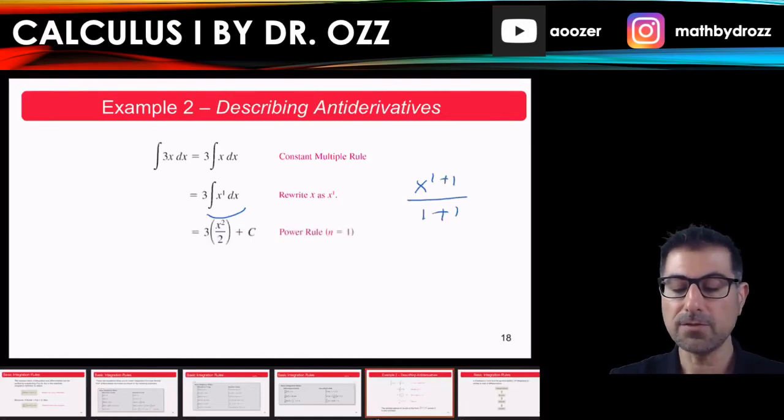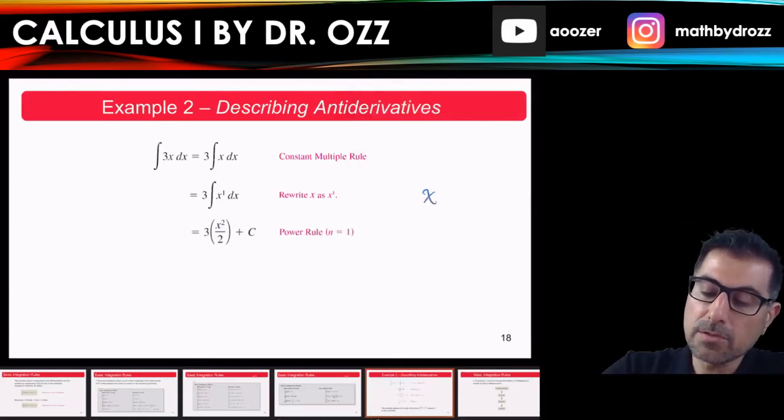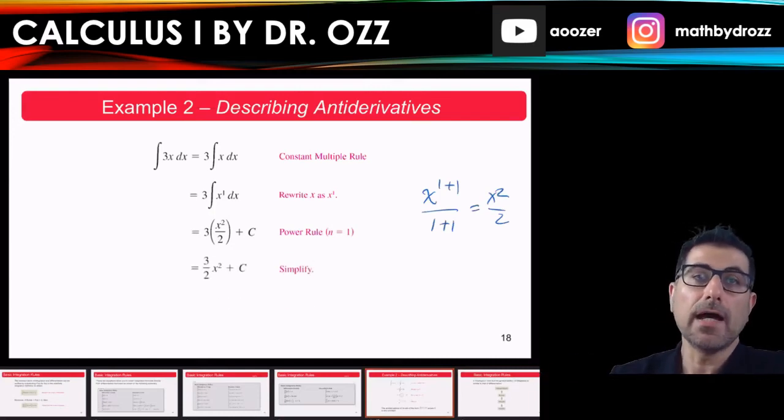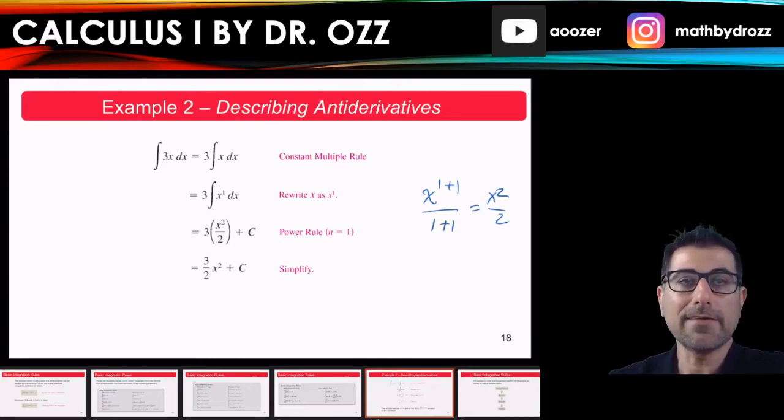All right, so if you do that, you're going to have x squared over 2 as the result of the integration. So here we go. I had 3 as a multiple here, pulled out. 3 times x squared over 2 plus c. And eventually, once we're done, we simplify our findings. So you have 3x squared over 2 plus c.